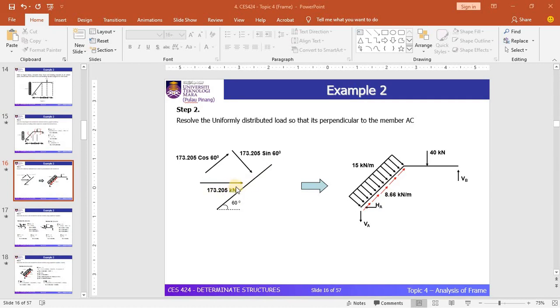Next, you need to convert this point load into a vertical component and a horizontal component. In other words, you need to convert this point load into components in the local axis direction of this member.